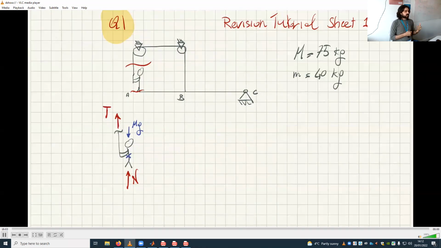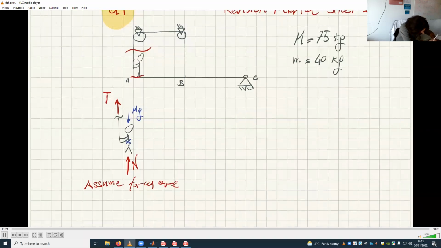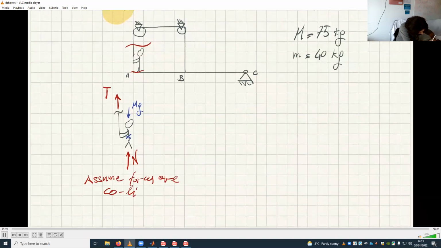Although they don't look like they act on the same line, since we have no indication of how far away that T is, we can say these forces are collinear. So let's assume forces are collinear. That's it. This is the free body diagram of the man.